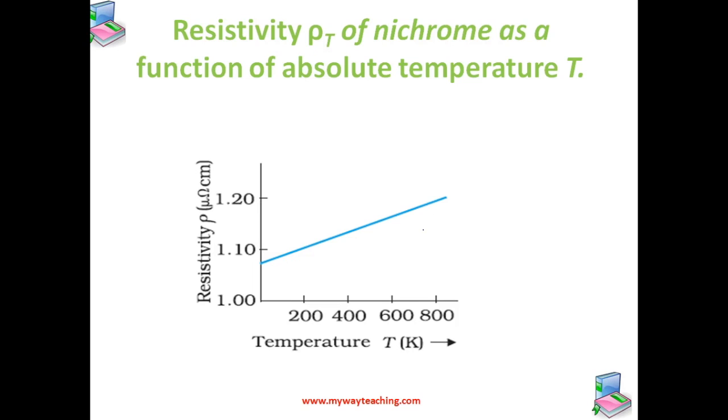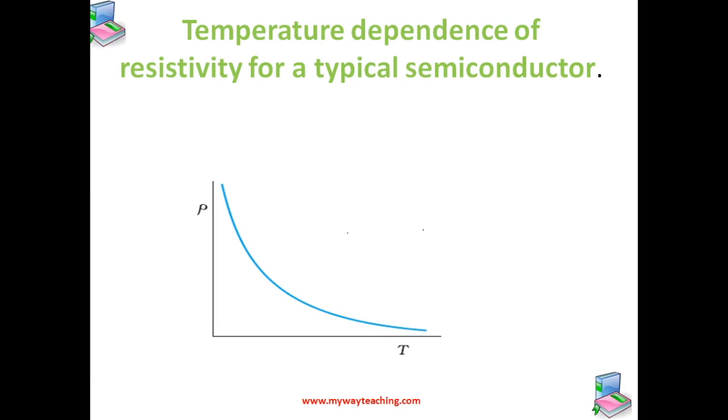Unlike metals, the resistivities of semiconductors decrease with increasing temperature. We can understand the temperature dependence of resistivity in the light of the relation rho is equal to 1 by sigma, that is m by n e square tau.